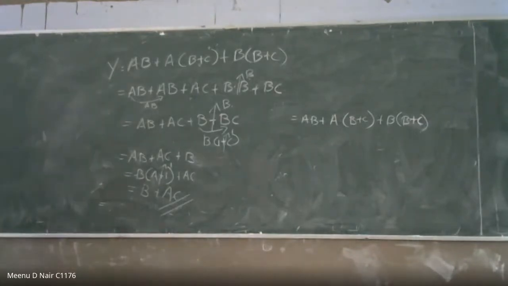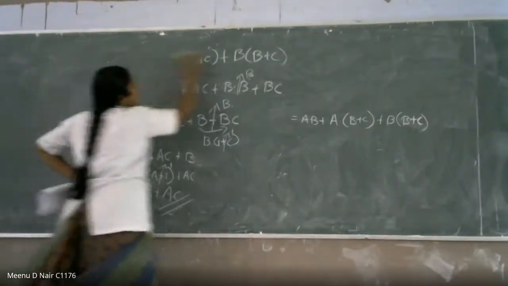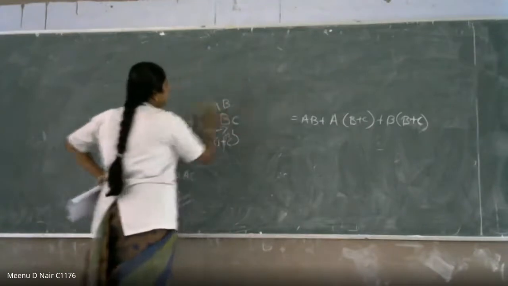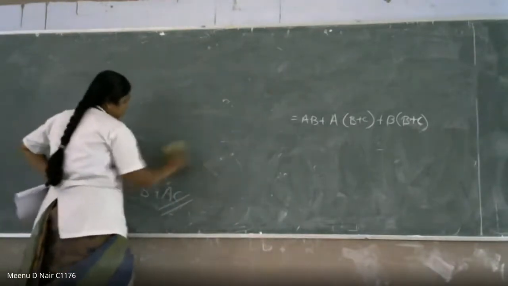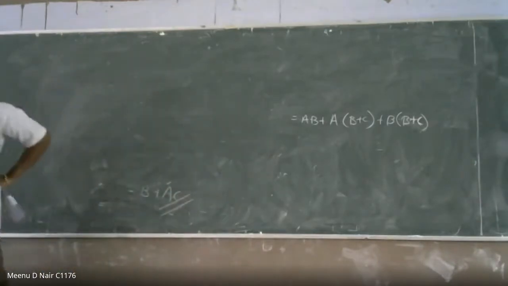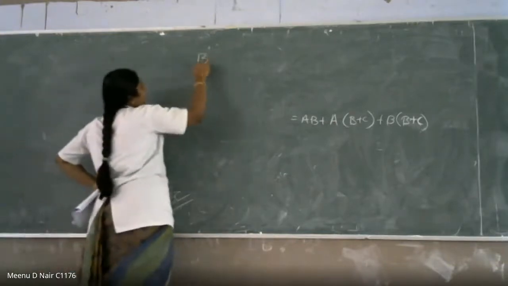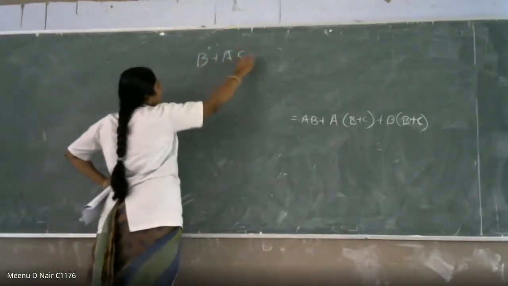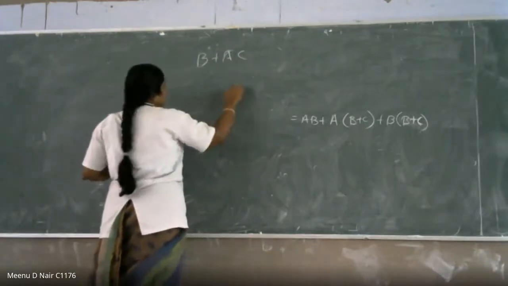Okay, this was some other problem. I hope you might have copied down. One more thing: if they are asking in the diagram, you have to simplify, and you have to draw the circuit diagram also. So now the circuit diagram for B + A̅C. How to draw this one?